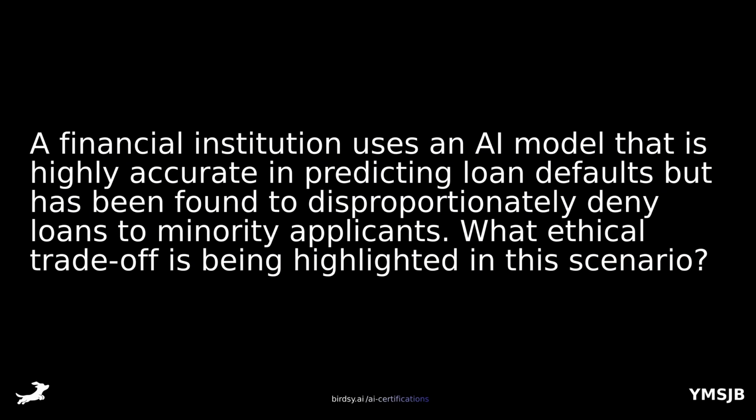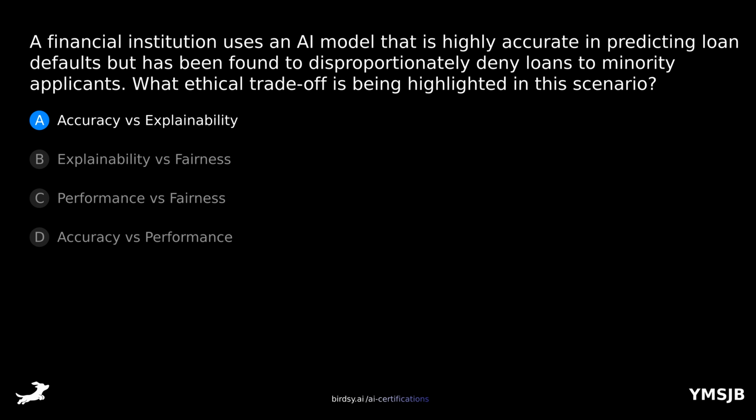A financial institution uses an AI model that is highly accurate in predicting loan defaults, but has been found to disproportionately deny loans to minority applicants. What ethical trade-off is being highlighted in this scenario? Is it A, accuracy versus explainability? B, explainability versus fairness?